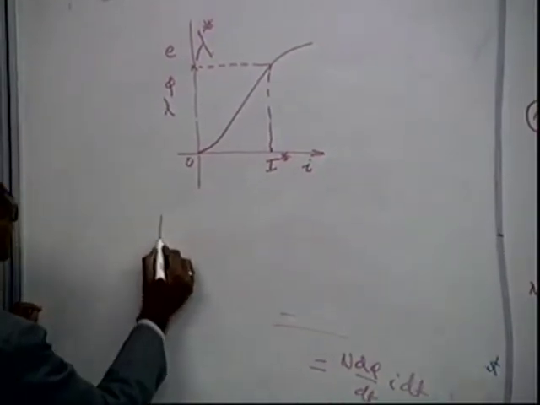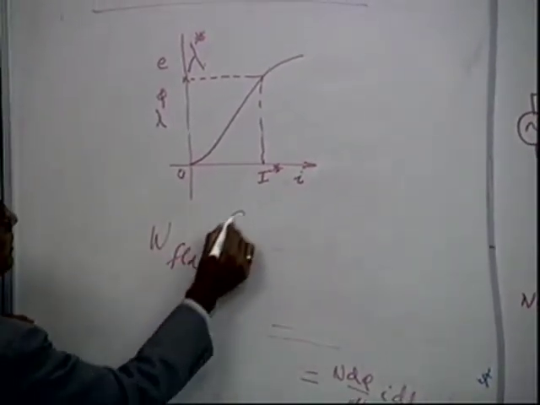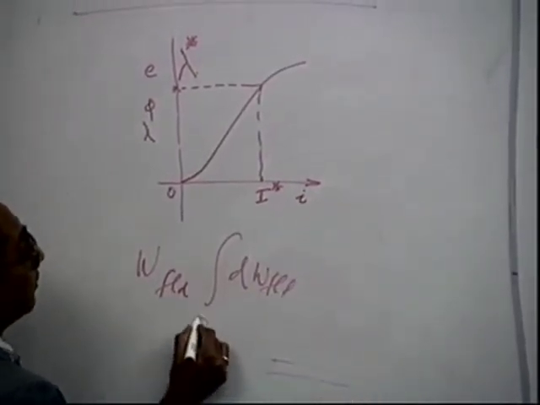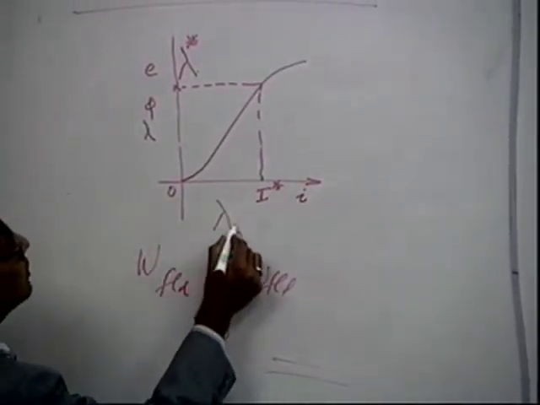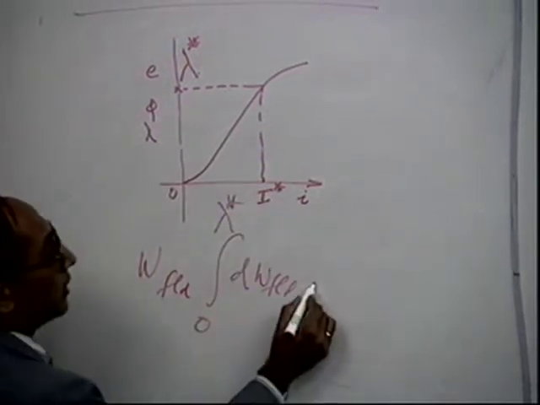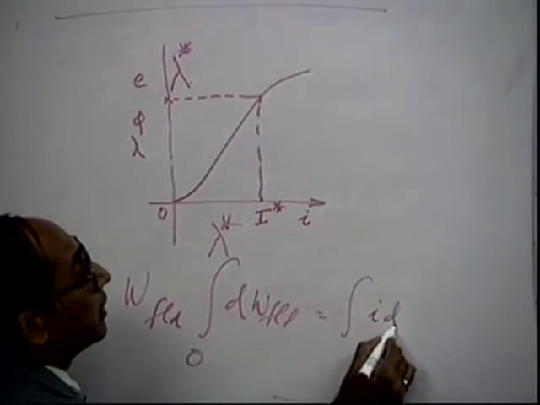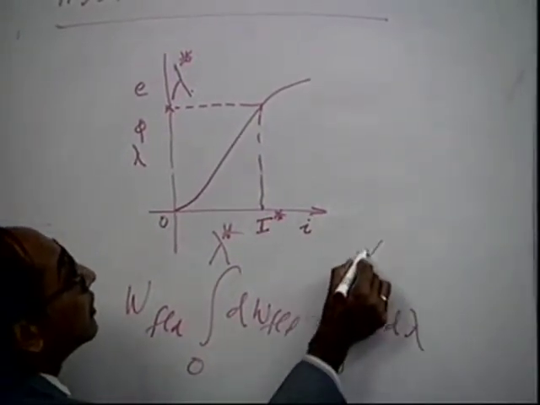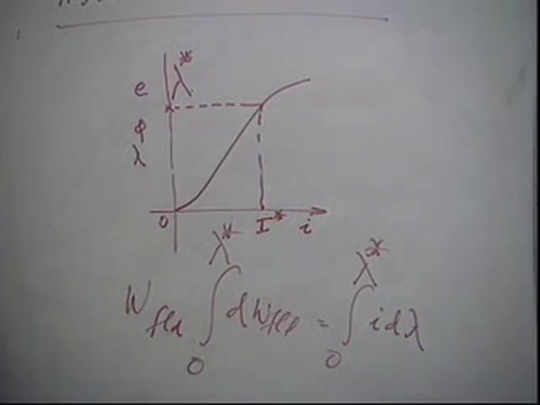So what is the energy stored? W field will be integral dW field from 0 to lambda star, or that is integral i d lambda from 0 to lambda star. So what does it indicate?